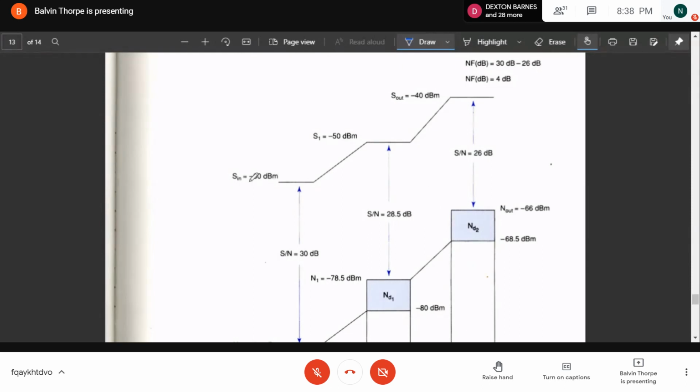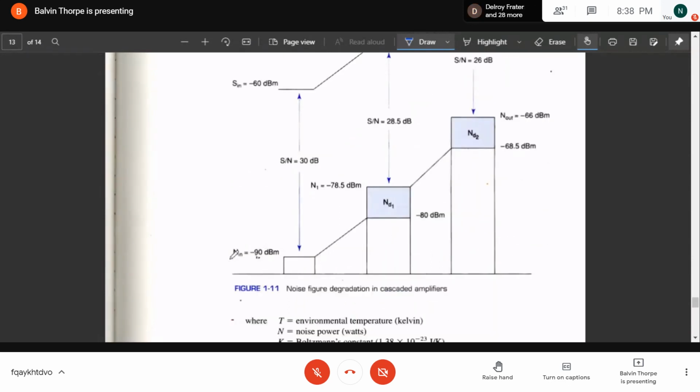So this input signal is minus 60 dBm, and the noise is minus 90 as well. Now, this is what I was talking about last time when we were looking at the height for Chad and Mane.